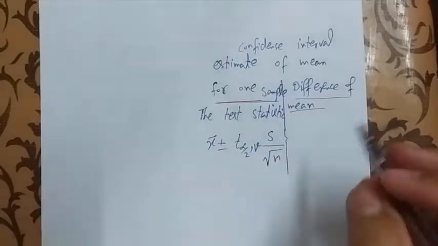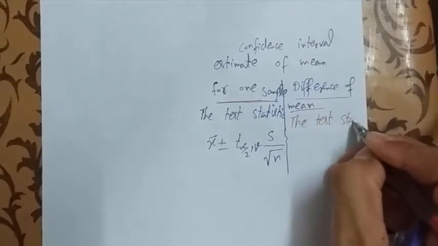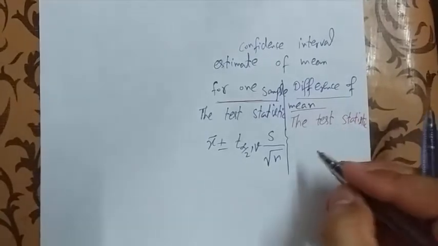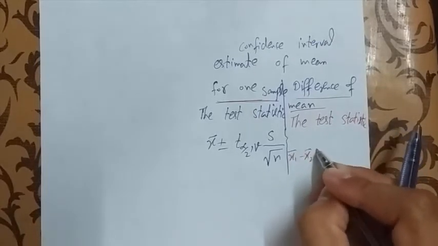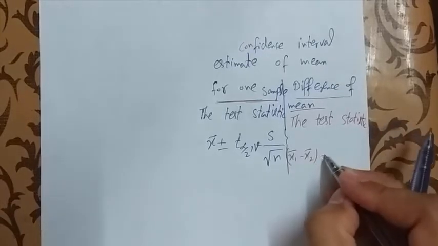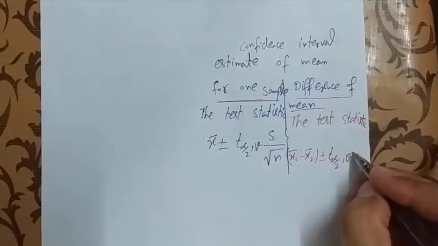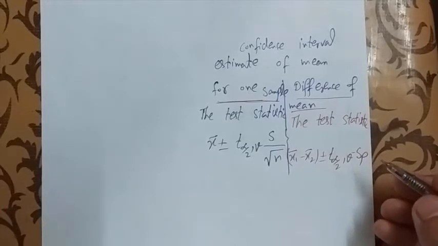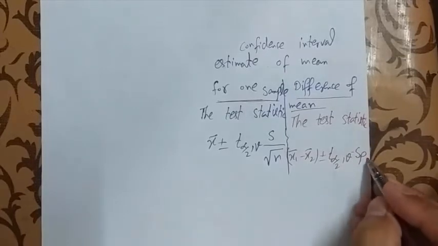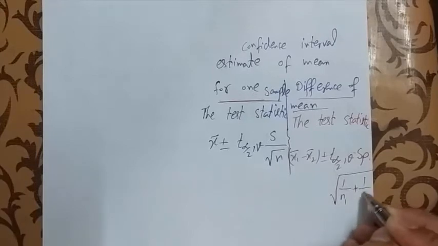Similarly, for the difference of the mean, the test statistics is x1 bar minus x2 bar plus minus t alpha by 2 comma nu times Sp, which is the pooled estimate of the population common variance, times square root of 1 over n1 plus 1 over n2.